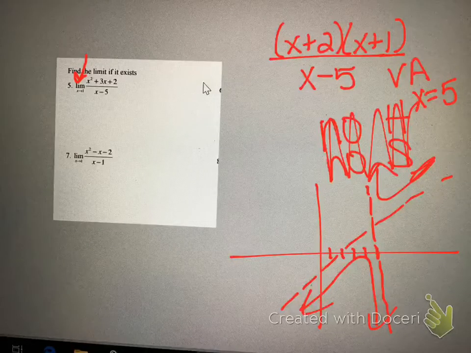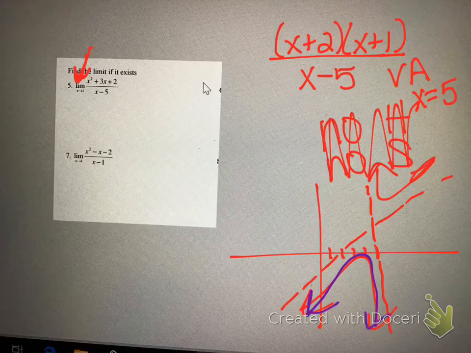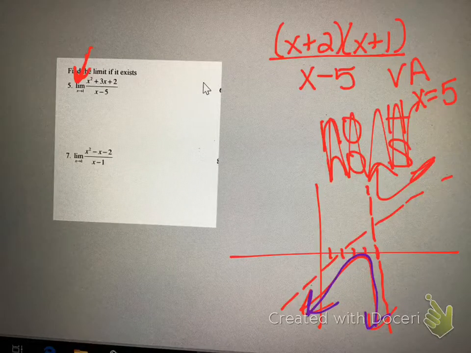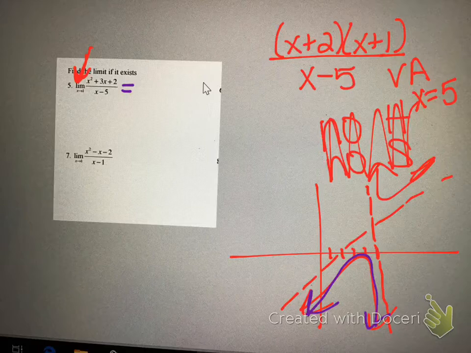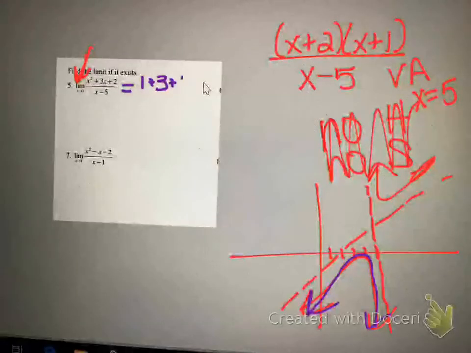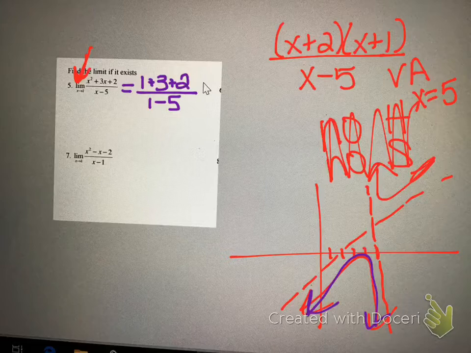Okay, and so when they ask you for the limit as x approaches 1, you are going to be firmly on one of the branches of the graph. You're not going to be anywhere near a jump or vertical asymptote. And you can see that because what's going to happen is if you actually just took that 1 and you plugged it into the equation, 1 squared is 1, plus 3 times 1, which is 3, plus 2, and then 1 minus 5 in the denominator.